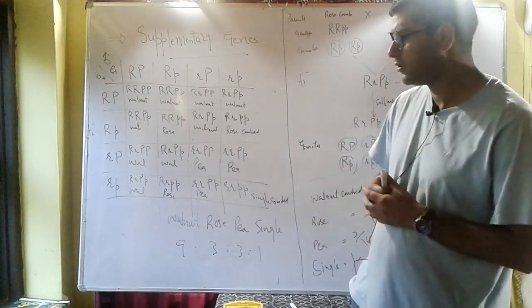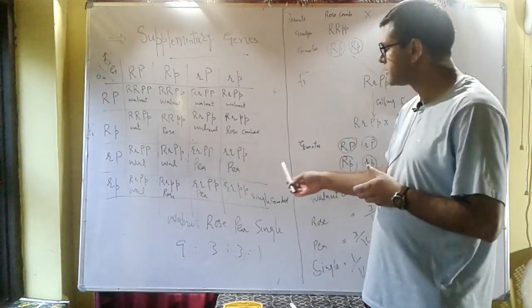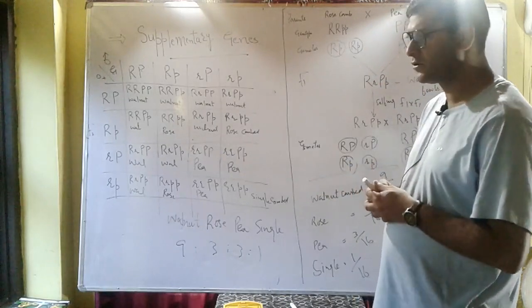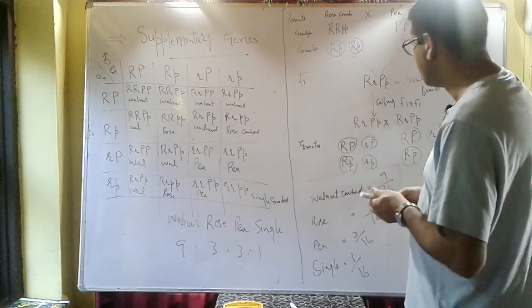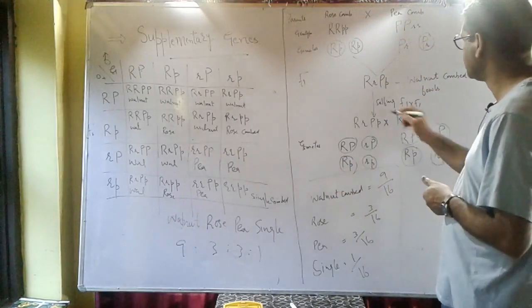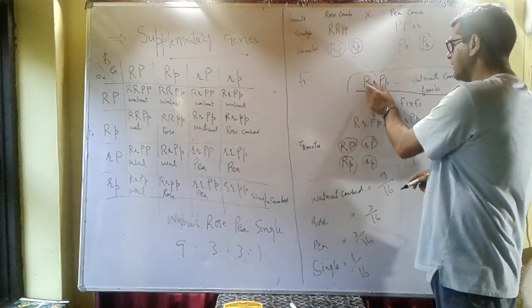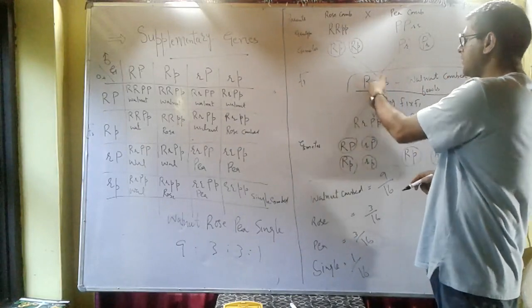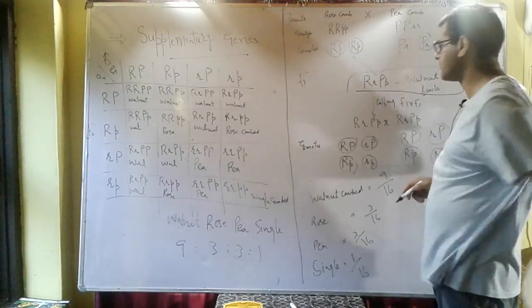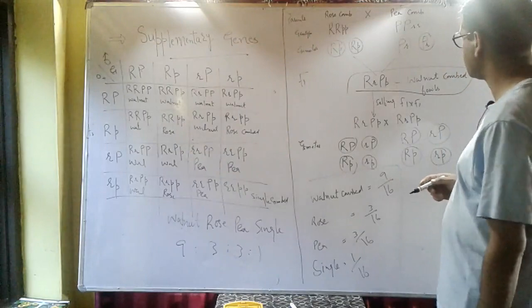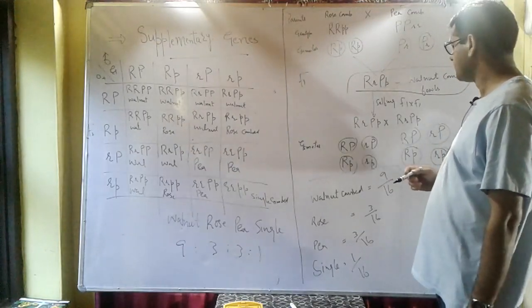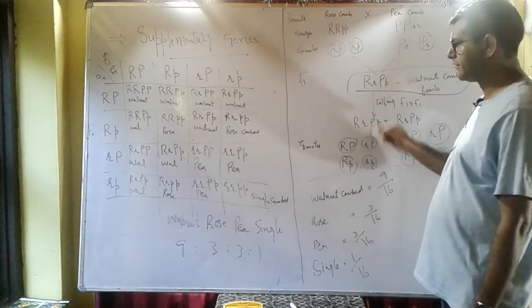The only difference between this cross and the simple dihybrid cross is that in this cross we get F1 individuals that do not resemble either of the parents. This is the main difference between the simple dihybrid cross and this cross.